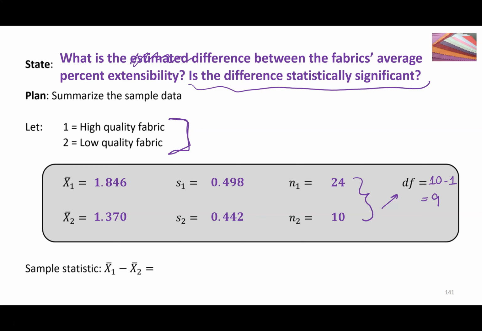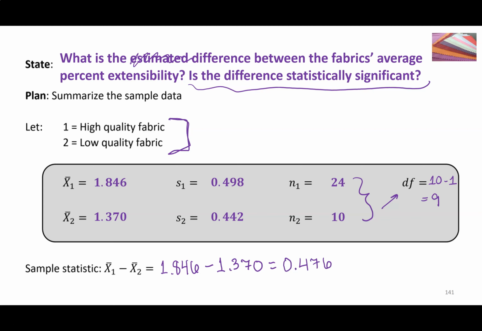And then my sample statistics, so the observed difference in the sample means, I'm going to use x bar 1 minus x bar 2, so 1.846 minus 1.370. I'm going to get 0.476.